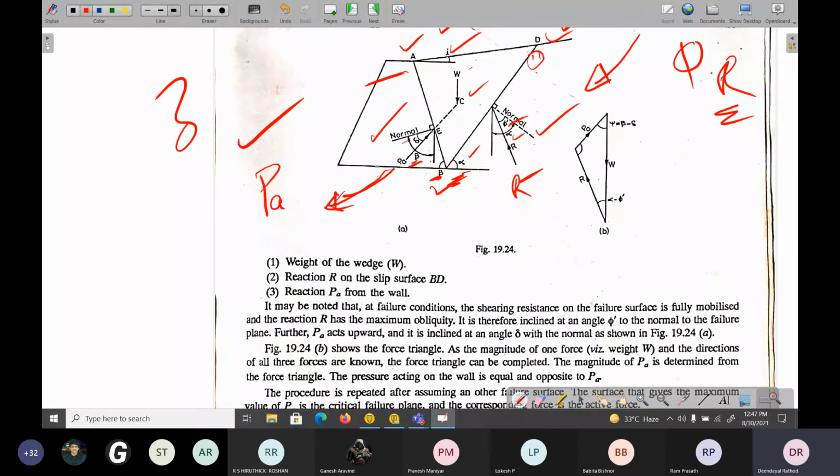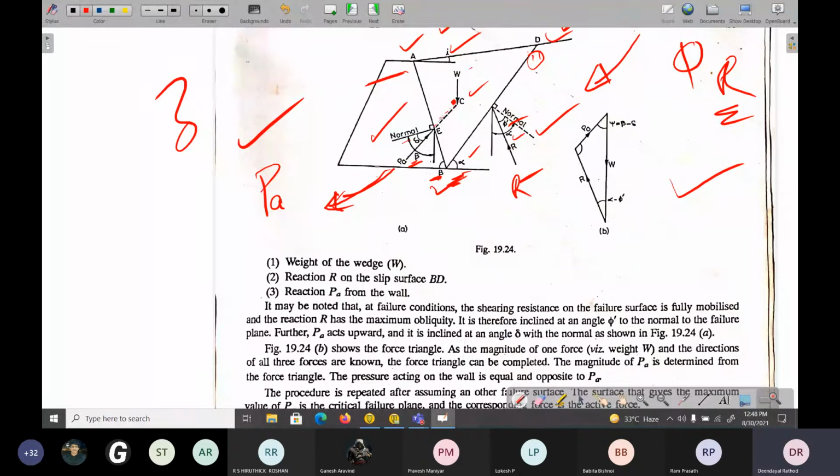Now if you do this static analysis, look here, the weight W acts at the center of gravity. From the center of gravity he has drawn the vertical to this.